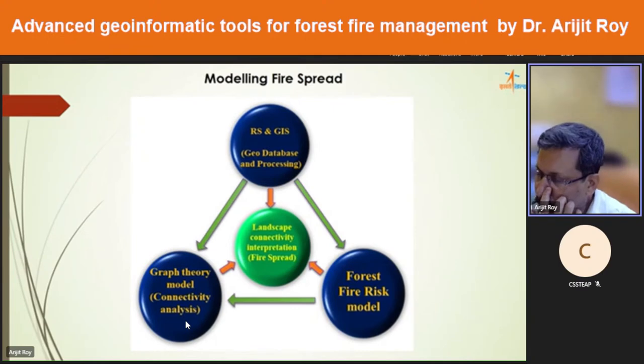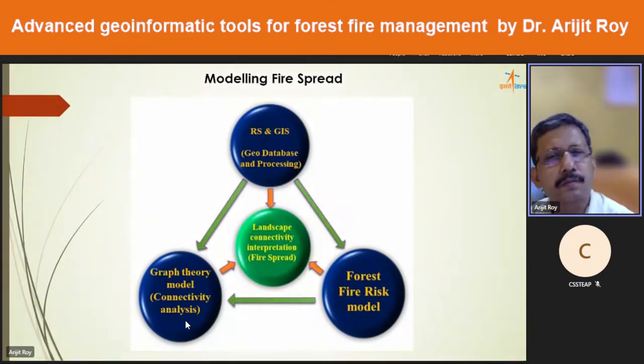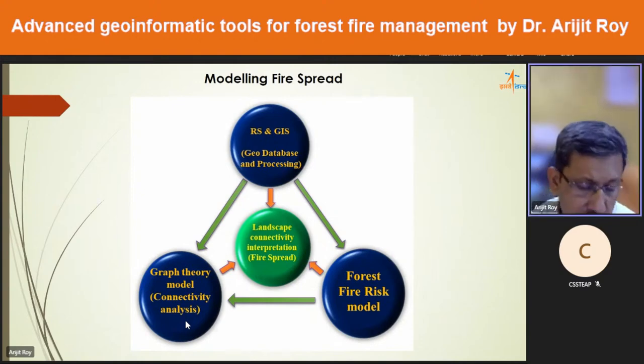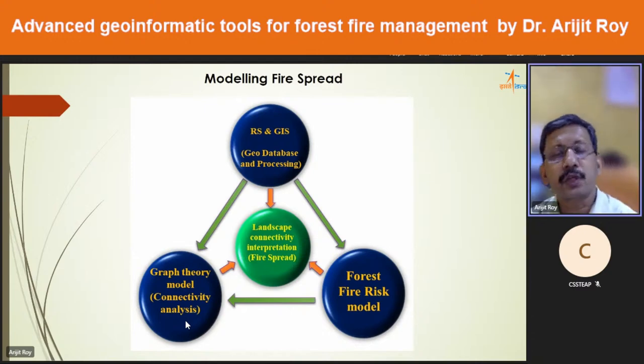So after this, we come to some of the advanced modeling approaches. Basically, this is the exercise where the forest fire spread was modeled using various geospatial tools and techniques. So this basically uses three components. One is the data.